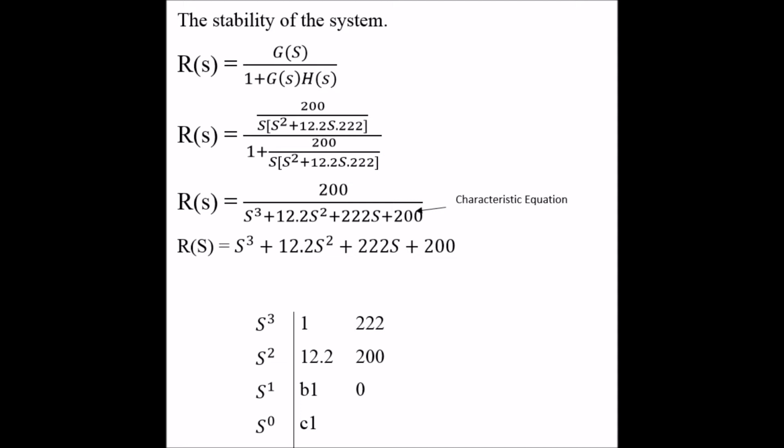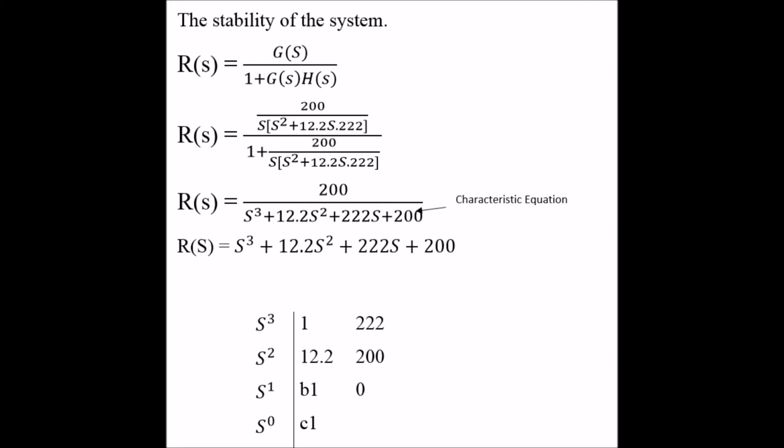From this we get 200 over S cubed plus 12.2 S squared plus 222 S plus 200. For the denominator, we take it as the characteristic equation.